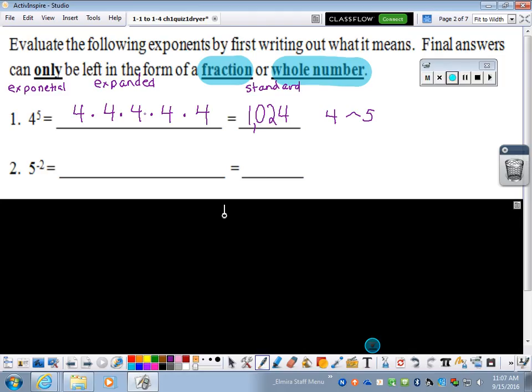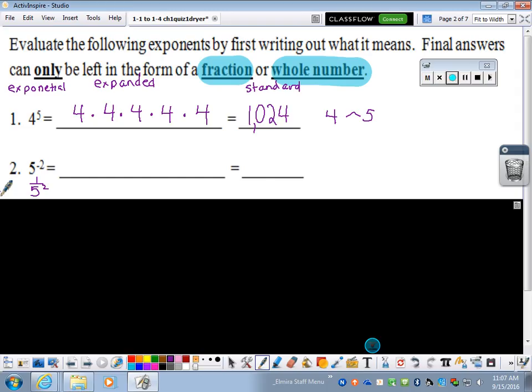Our next problem, this is the one in this section where most students had the most trouble, and it says 5 to the negative 2 power. And most of you are thinking to yourself, oh, 1 over 5 squared. And that's still exponential form though.